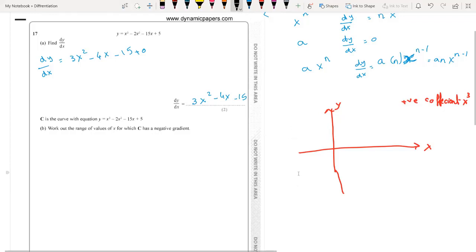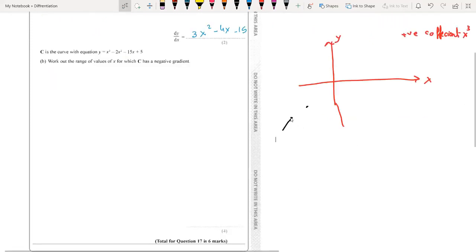So the curve is going to be something like this. This is the maximum, and this is the minimum. So we have the curve in this shape. If the coefficient was negative, the minimum occurs before the maximum. In our case, the coefficient is positive.